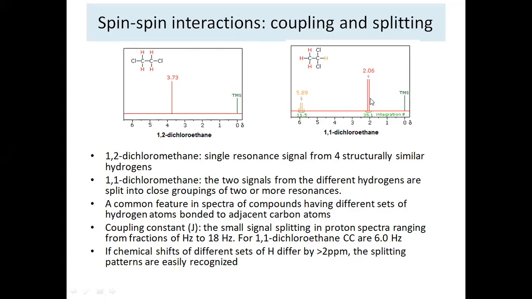Just ignore TMS here, but you are going to get one red colored peak at chemical shift 2.06, and you are going to get another peak at 5.89 ppm, and that peak stands for the other type of hydrogen. Did you understand these two peaks? Because the number of types of hydrogens is 2.